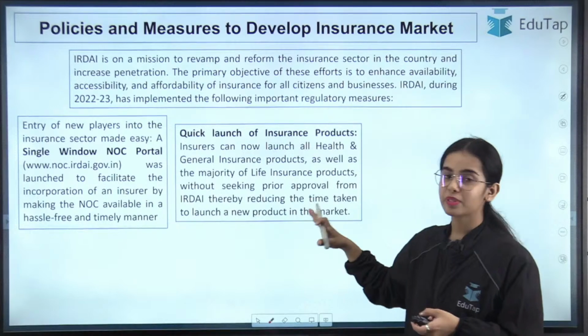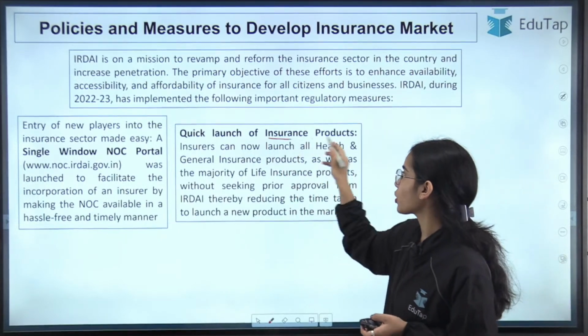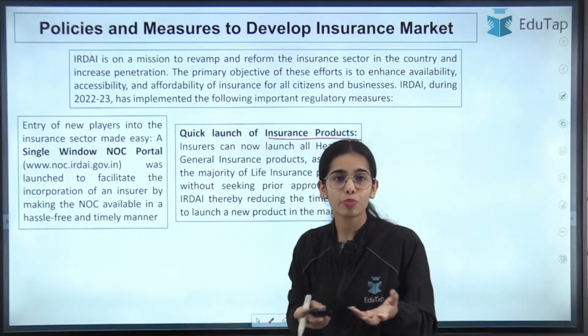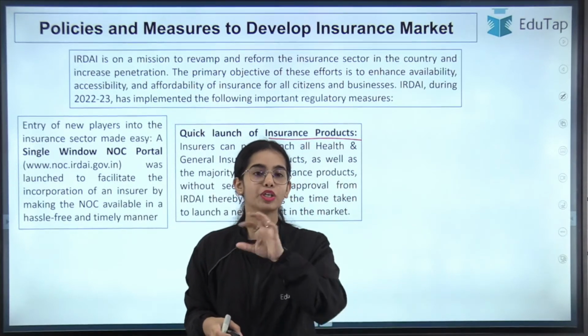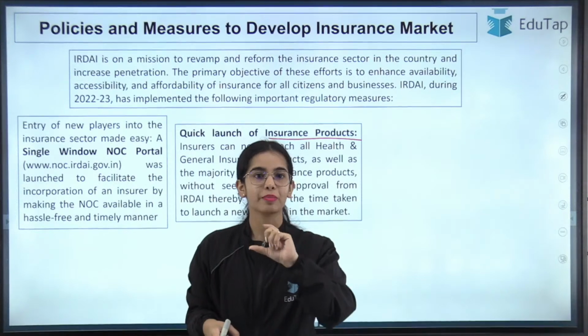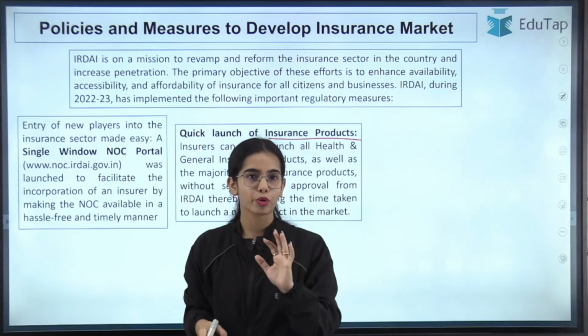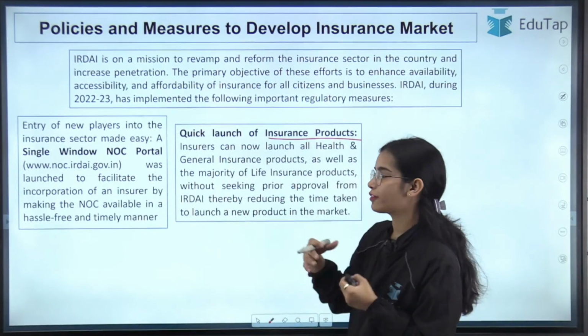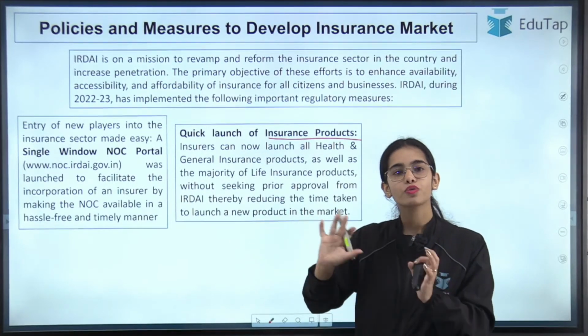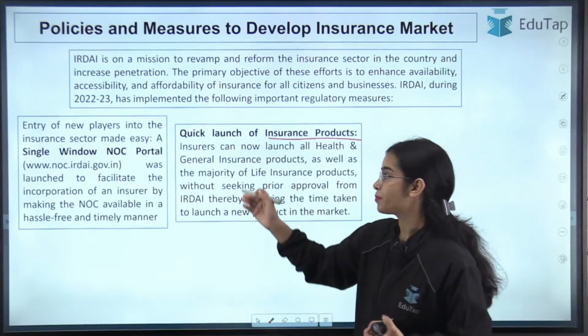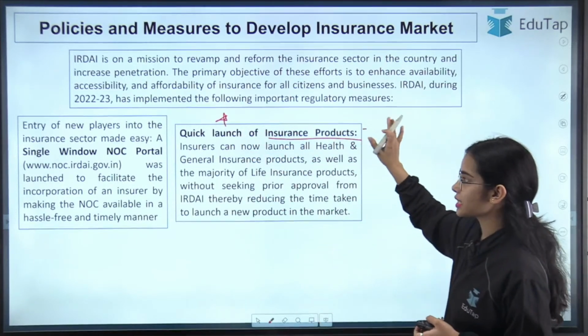So the other steps that have been taken: quick launch of insurance products. Now if you want to launch a new product, let's say you are working in a health segment, you want to open a new segment or you want to provide products of a new segment, or if you want to provide some tech-based product, you will be allowed to do that in an easy manner. So there is a quick launch of insurance products that you can do.